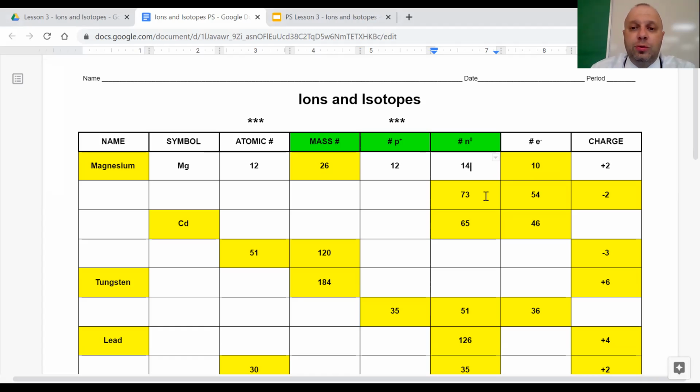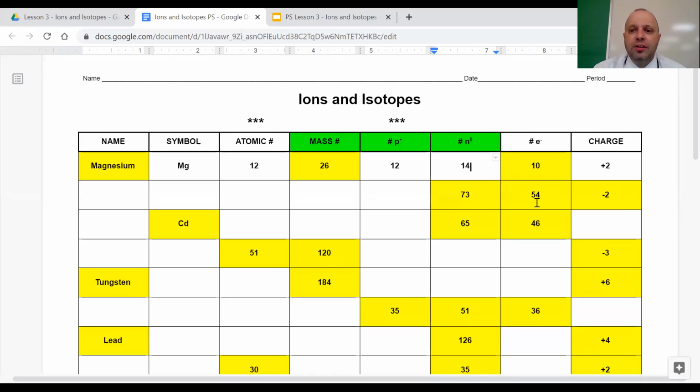Okay, the next one's a little tricky. So in the next example, what you actually have to do is figure out, based on the charge, there's a -2 charge here, what your number of protons is going to be. In order to do this, you're going to need to look at your periodic table.